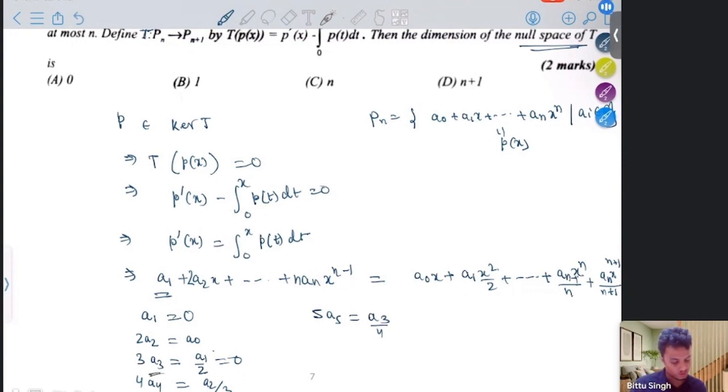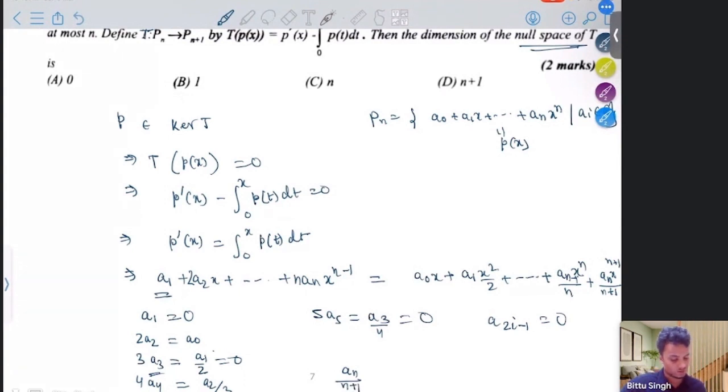Then since a3 is 0, this is again 0, and in this way all odd terms, all a(2i minus 1), are 0, and the last term will be something different, n by n plus 1.